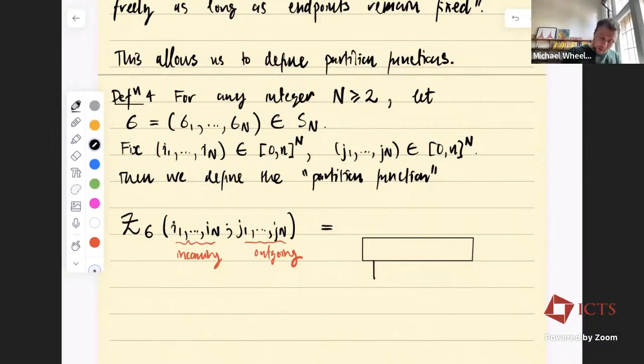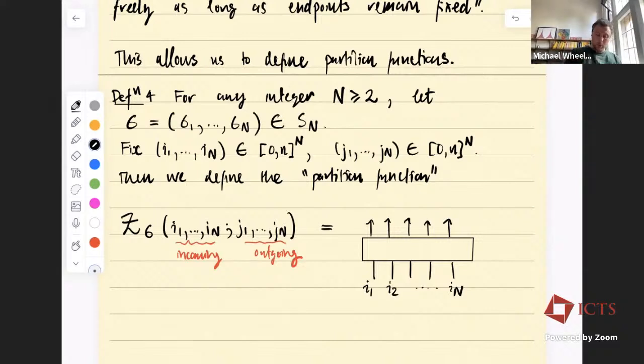So this is really the important information. So I'll have some endpoints here and some endpoints at the top. And this one will have the state I1, I2, all the way up to IN. And at the top, I'm going to have J's, but they're not going to be ordered.